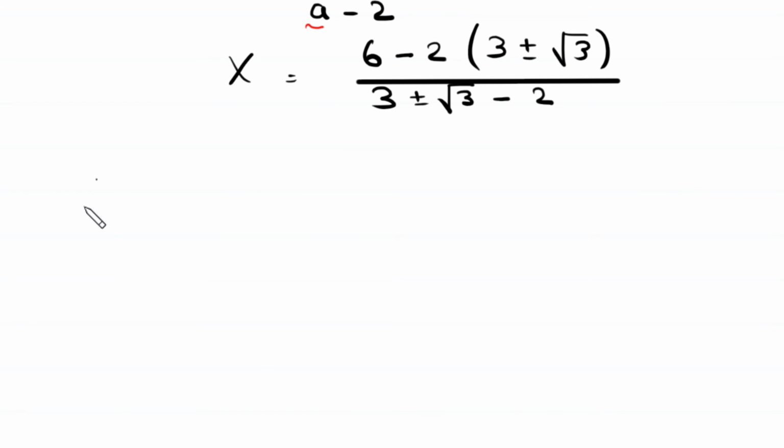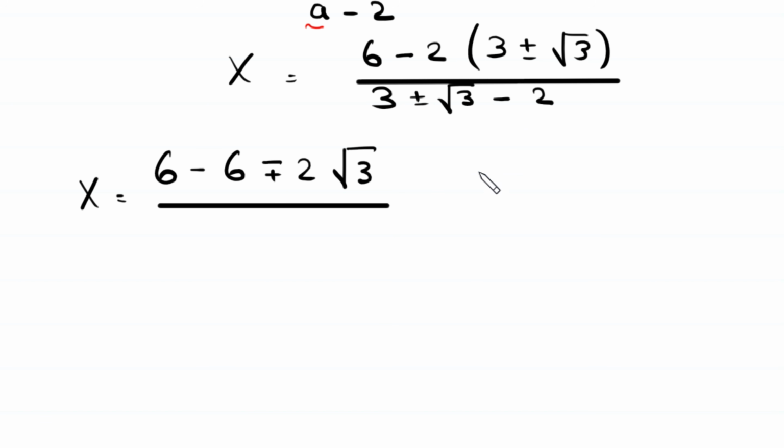Further simplify, this will become x is equal to 6 minus 2 times 3, which is 6 minus 6, and negative 2 times plus minus root 3 will become minus plus 2 times root 3, divided by 3 minus 2, which will become 1 plus minus root 3.